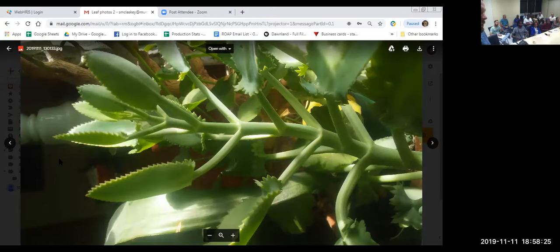Do you know what plant this is, Steve? Susan calls it Mother of Millions. Yeah, they call it something very similar. It grows little plants along the margins of the leaf, and you can break off the plants and plant them, and it goes into a new plant.